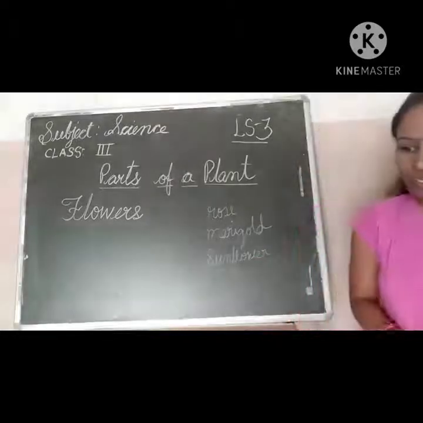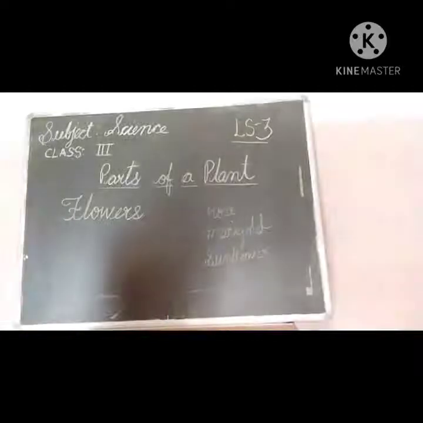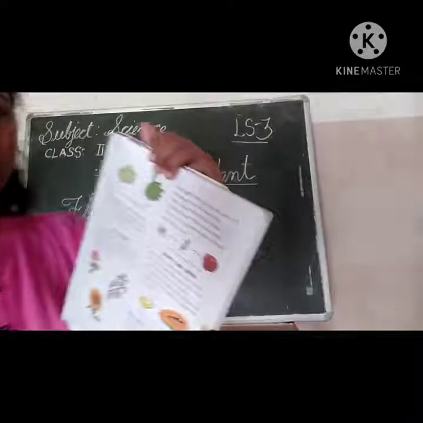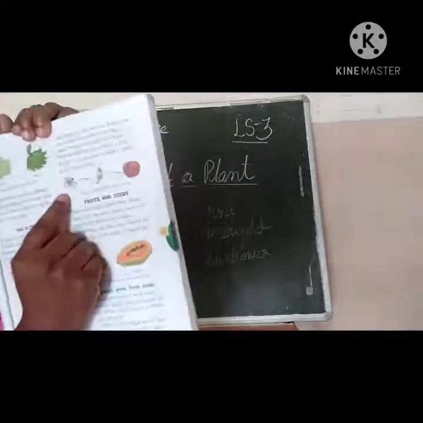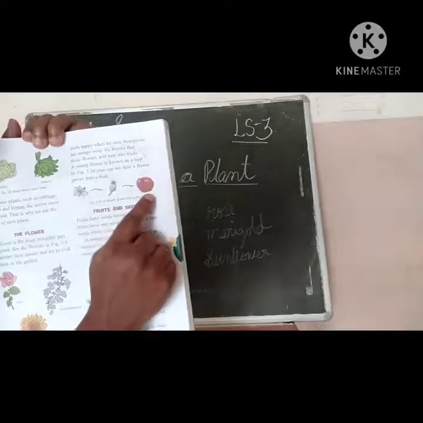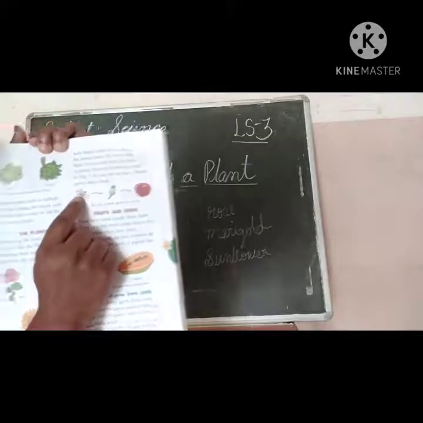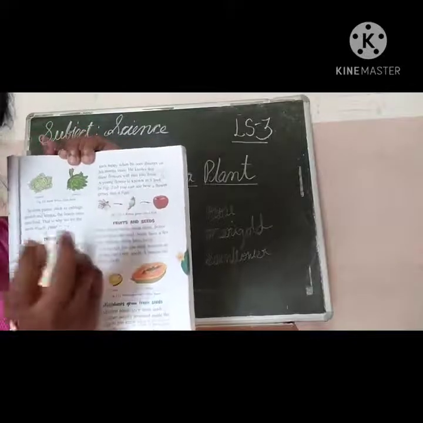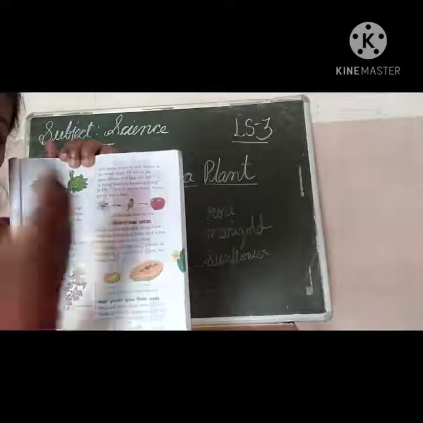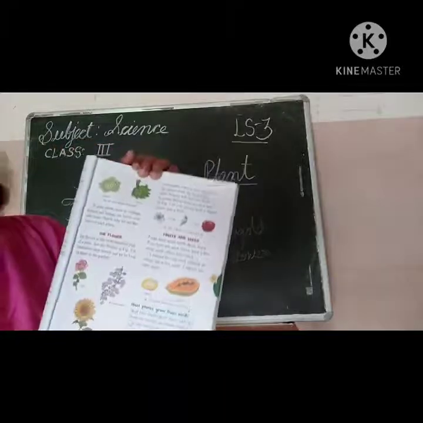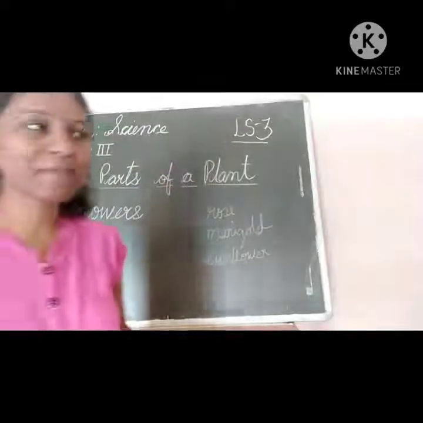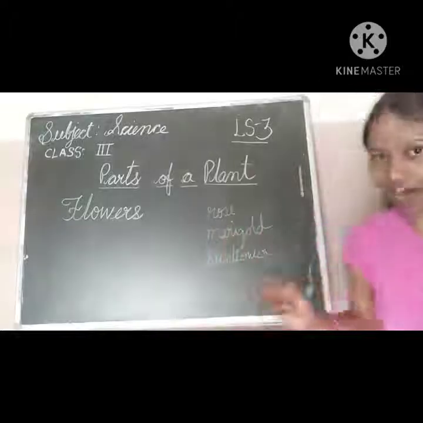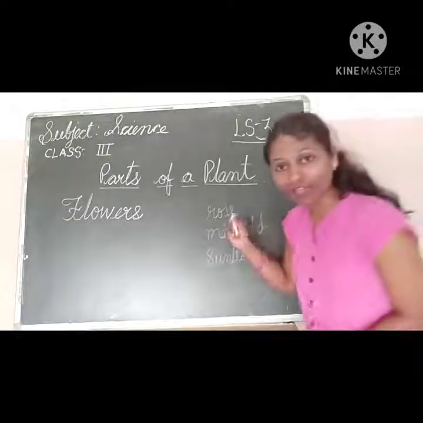Okay, children, in your textbook, see how the flower is converted into fruit. In the flower, at the lower level, the ovaries are present, and those ovaries are converted into fruits. Do you know, children, when farmers see the flowers, they are very happy.